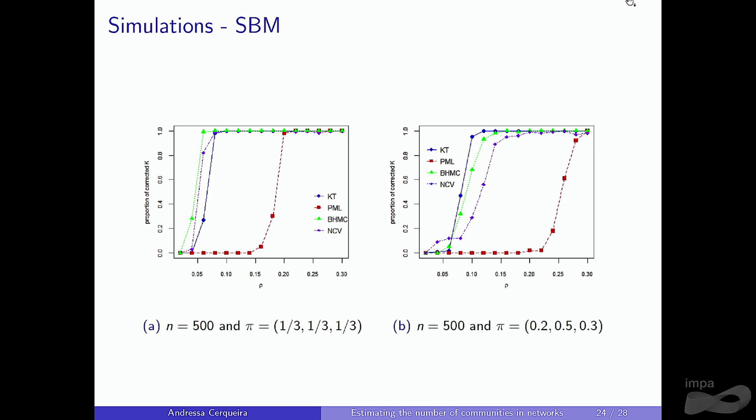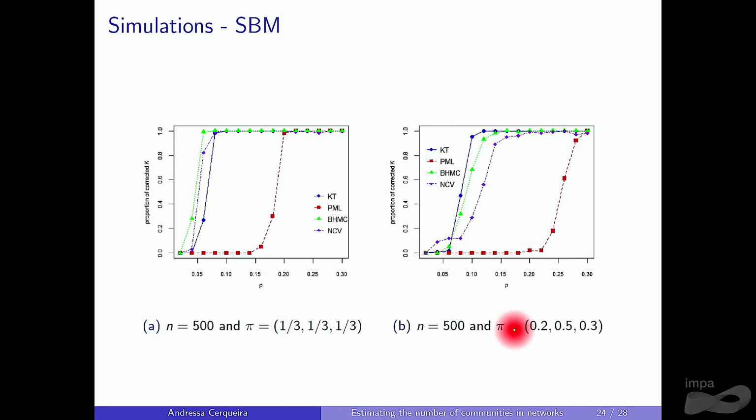I have 3 communities here, so I have the same number of nodes in each community. And in this setting here, we have what we call an unbalanced network. So here I have 20% of nodes in community 1, 50% of the nodes in community 2, and 30% of nodes in community 3. So I have unbalanced communities.